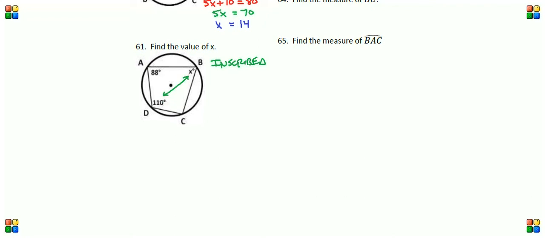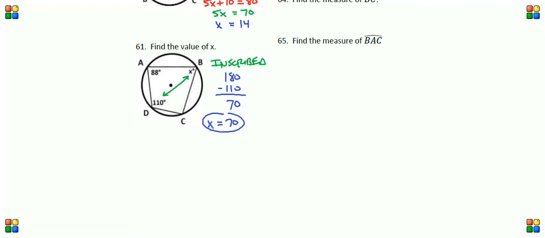So the nice part is they've told us the measure of inscribed angle ADC is 110. So to find the value of x, all we have to do is take 180 degrees and subtract 110 degrees, and we're going to end up with a value of 70 for x. So x is going to equal 70 degrees, or x equals 70.